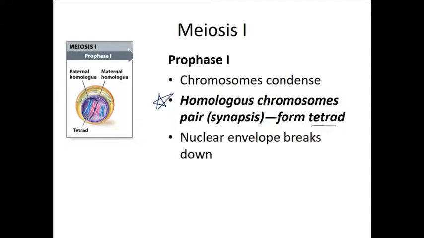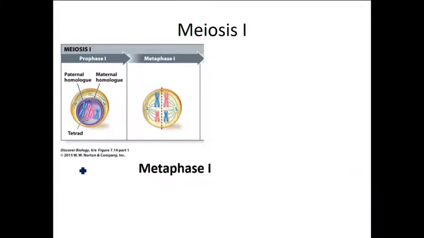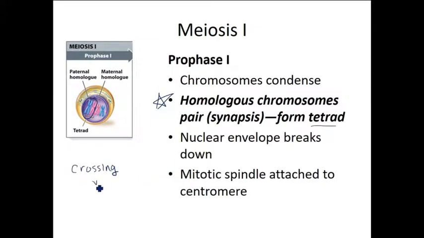The nuclear envelope is also going to break down, and the mitotic spindle fibers will attach to the centromere. One thing I don't talk about much in this lecture, but your book talks about, is crossing over.